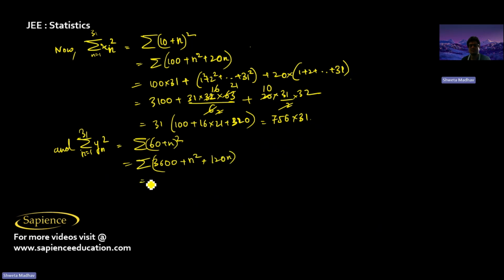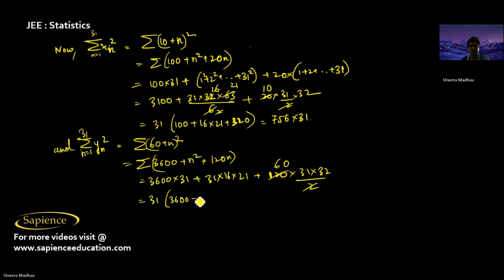So this will be equal to 3600 into 31, plus 31 into 16 into 21, plus 120 into summation n, that is 31 into 32 by 2. This will be 31 into (3600 plus 336 plus 60 into 32).